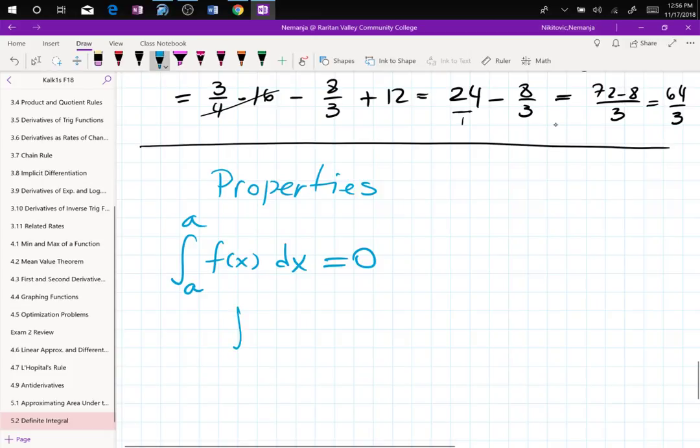What happens if these guys are in the wrong order? Like this. You put b downstairs and the a up. Can you switch them? Yeah. You put the minus in front of the integral and you put a, b, f of x dx.